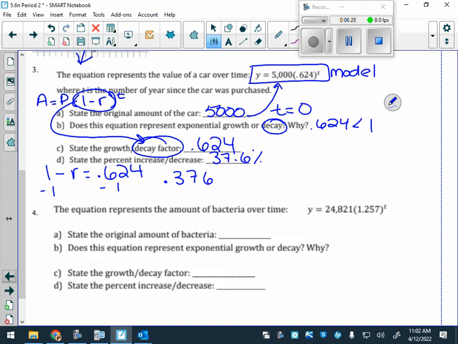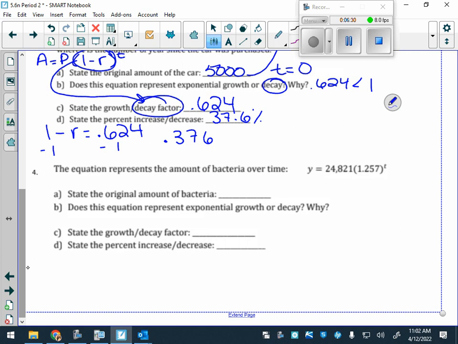Okay? Now number 4, Abigail, original amount. Good. Okay, is this growth or decay, Bianca? It's growth. B is greater than 1, or 1.257 is greater than 1.